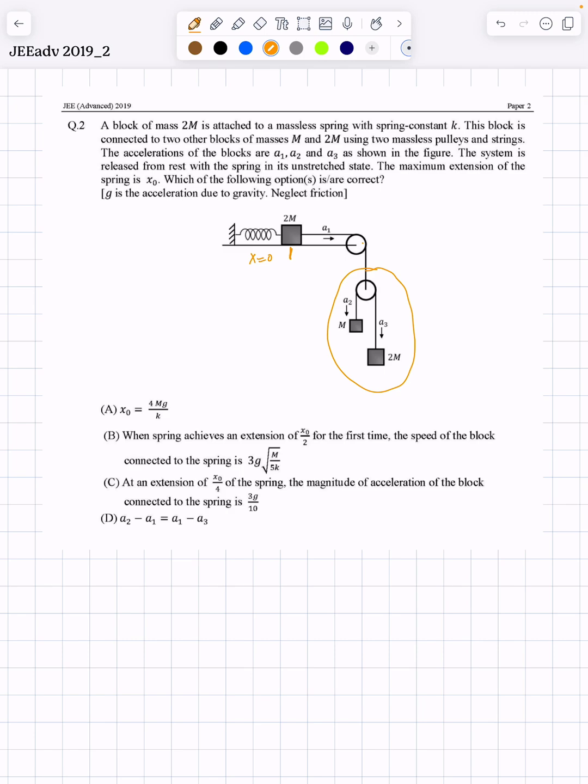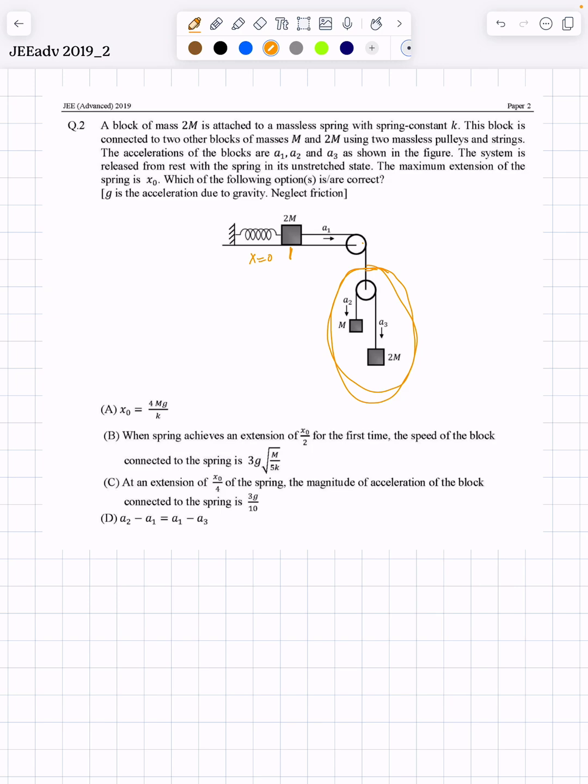Which of the following options are correct? All right. No friction. So you can see that this is a spring block system with no friction, so it will show a simple harmonic motion. Essentially this block 2m will oscillate around its equilibrium position, and this bottom block consisting of the pulley and the two blocks m and 2m will also oscillate along with the top block.